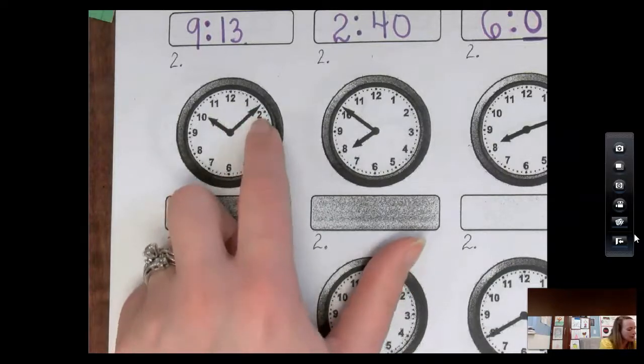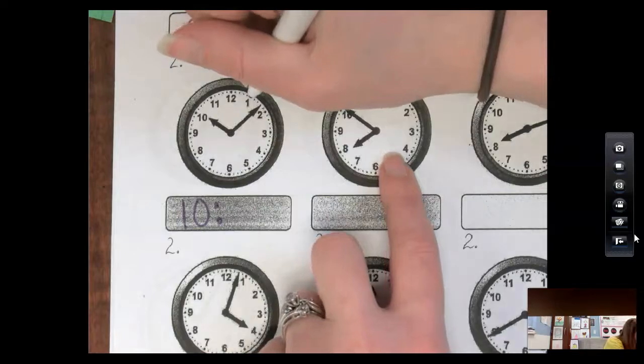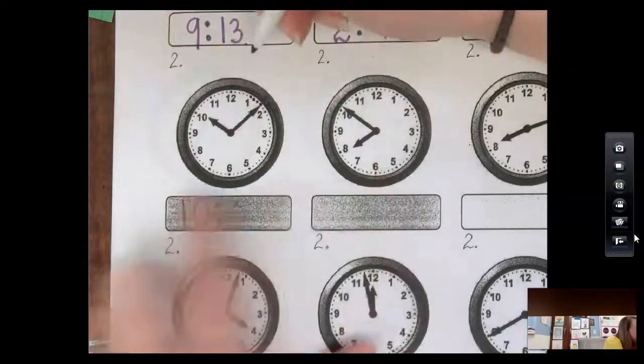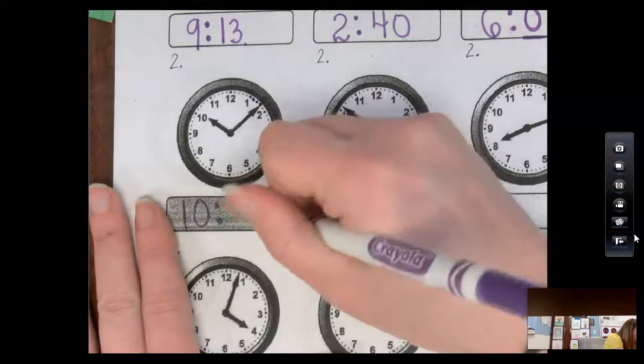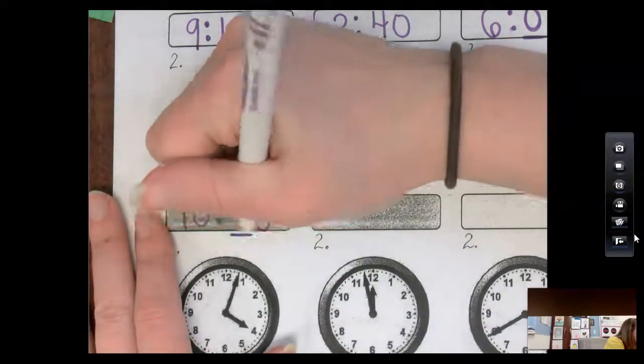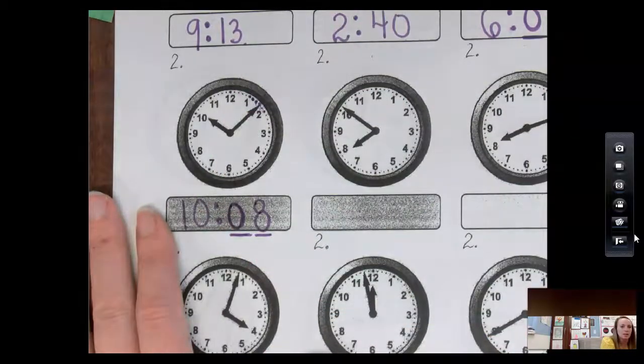No, that hand's not on there. So I have to stop at 5, and then I need to count my dots. So I have 5, 6, 7, 8. It's 8. Now we have to be careful. If you just write 8 like that, it is wrong. I must always have 2 digits. So I need to write 0, 8. Make sure you guys have 2 digits there.